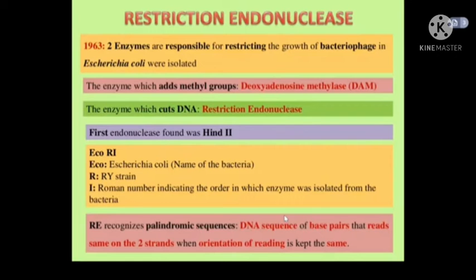The enzyme deoxyadenosine methylase adds the methyl group, and as a result, the DNA can be cut by using another enzyme, restriction endonuclease.